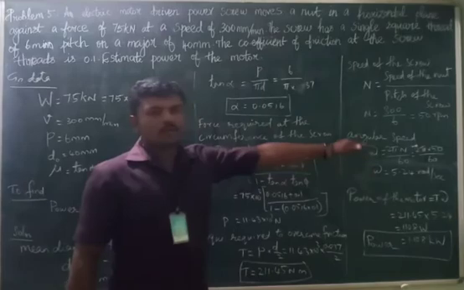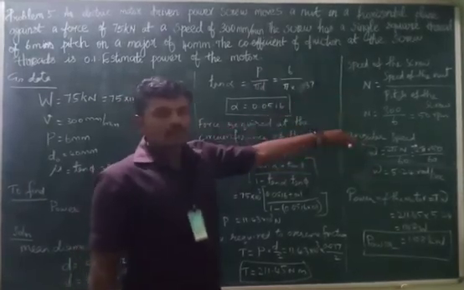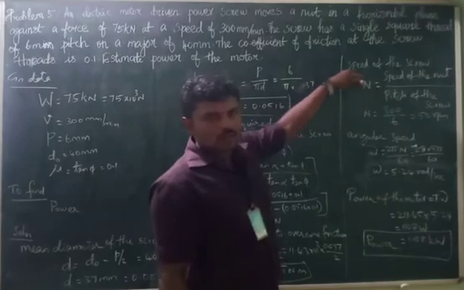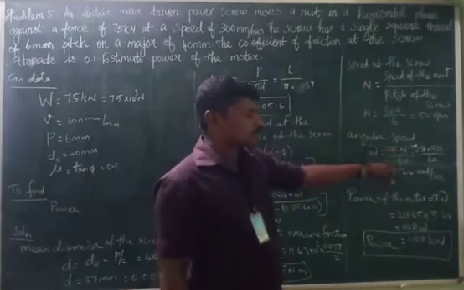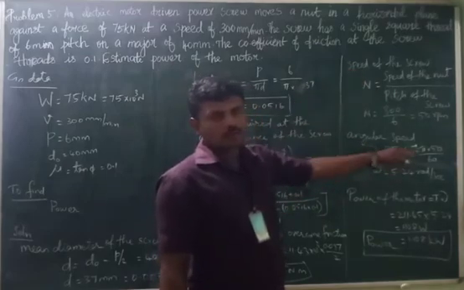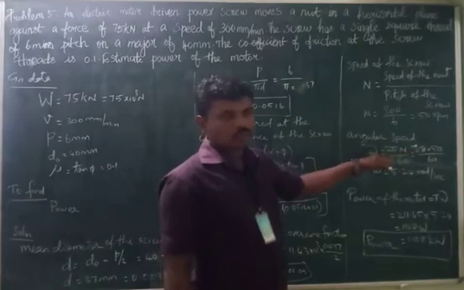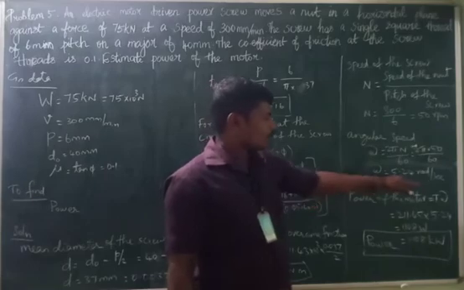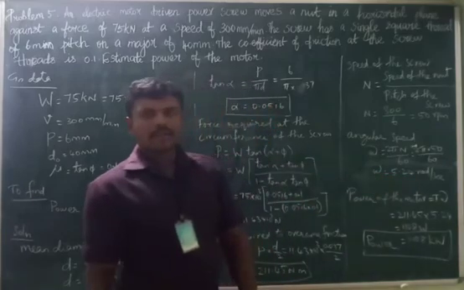After finding that, we need to find the angular velocity of the screw. The formula is 2 pi N by 60. We know the speed, so we can substitute and find the angular speed. The value will be 5.24 radian per second.